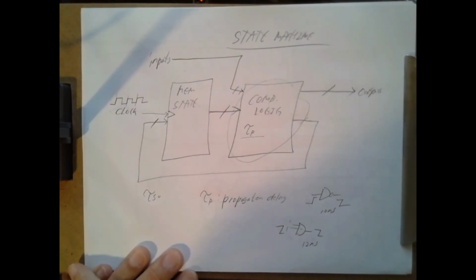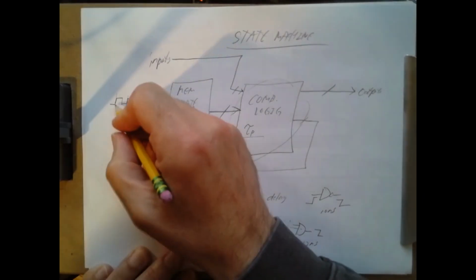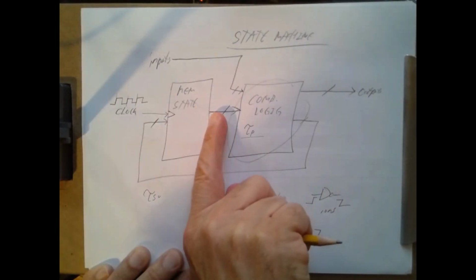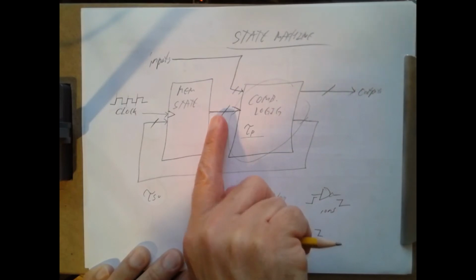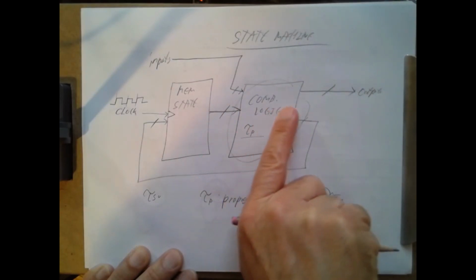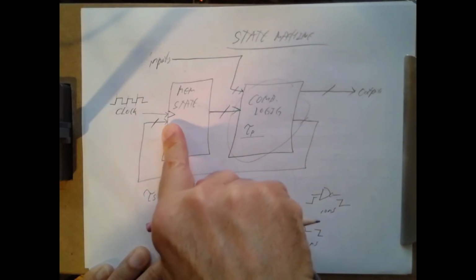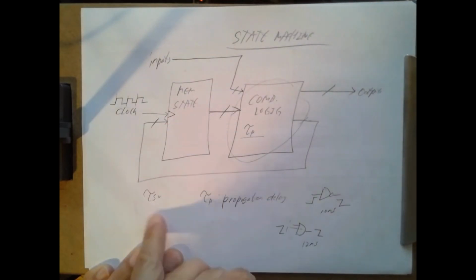And only after that can we allow the clock to tick. So if we tick the clock 1 nanosecond after the last tick, chances are the outputs of the flip-flop haven't even gotten set yet. They certainly haven't had a chance to trickle through the combinational logic and go back into the inputs of the flip-flops, and they certainly haven't had time to satisfy the setup constraint.